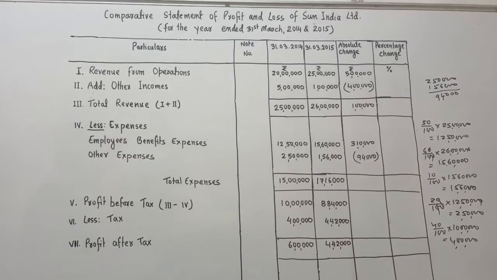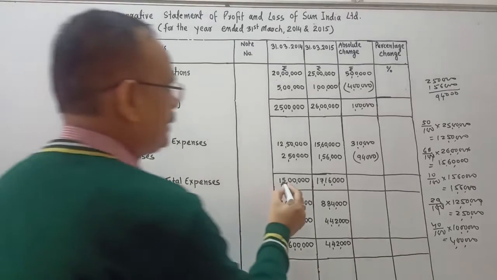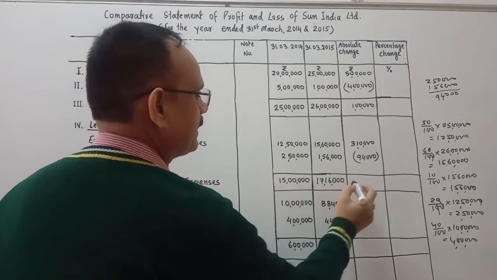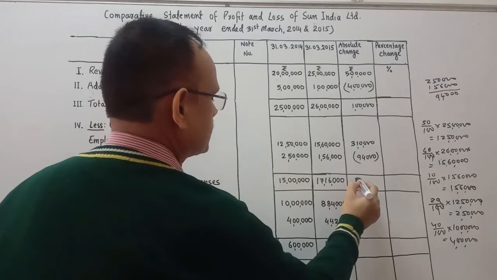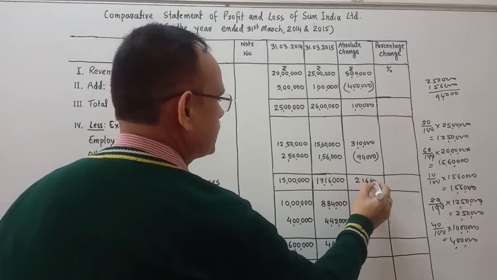Now here in total expense, 15 lakhs to 17 lakh 16,000, increased by 2 lakh 16,000.